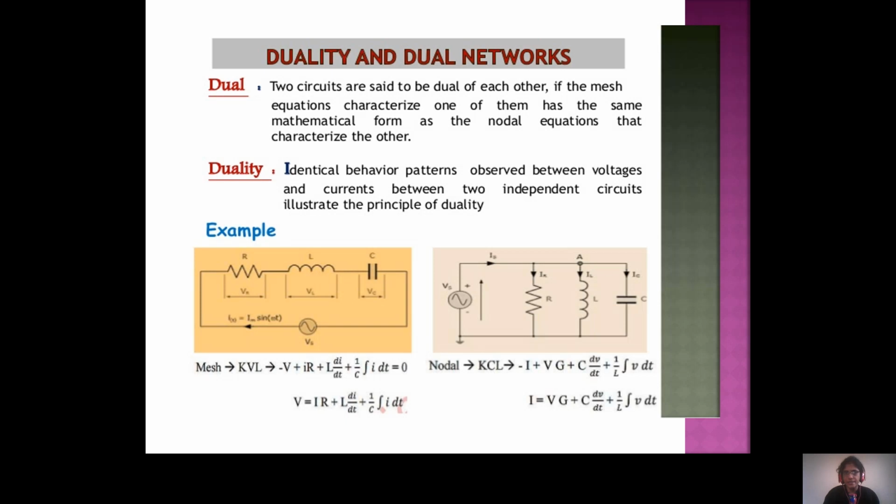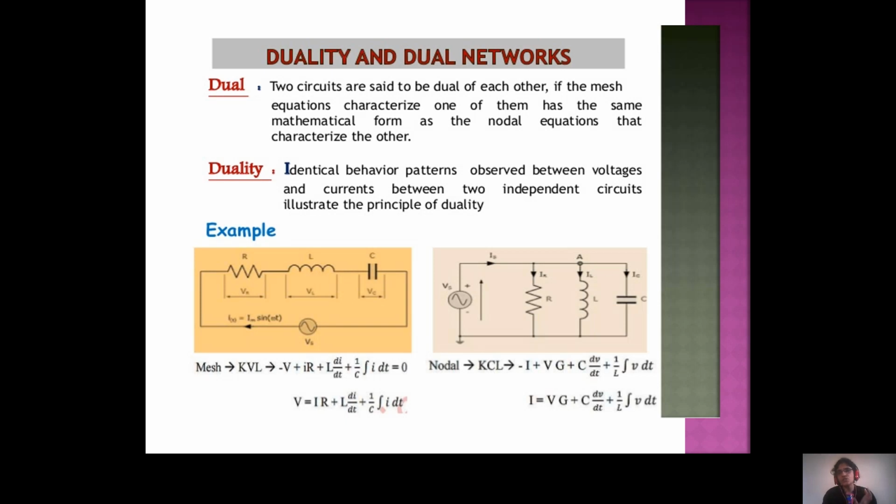So two circuits are said to be dual of each other if the mesh equation that characterizes one of them has the same mathematical form as the nodal equation that characterizes the other.